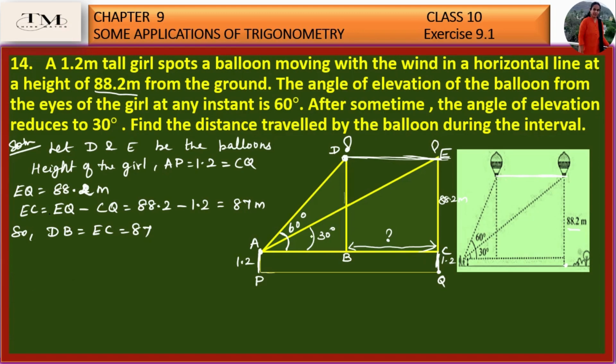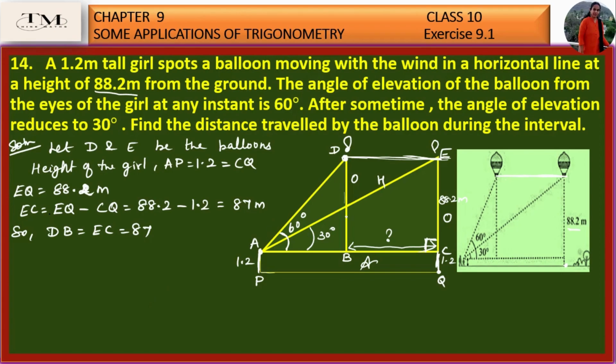The 30-degree angle's opposite side is EC. The 60-degree opposite is DB. C is 90 degree, so this is the hypotenuse side and AC will be the adjacent side, the base.